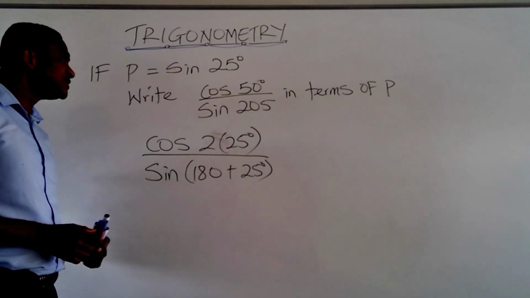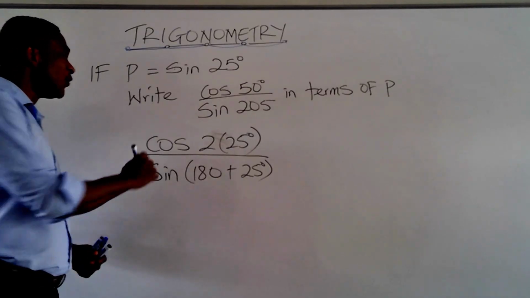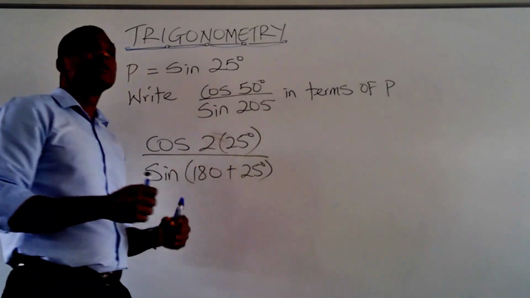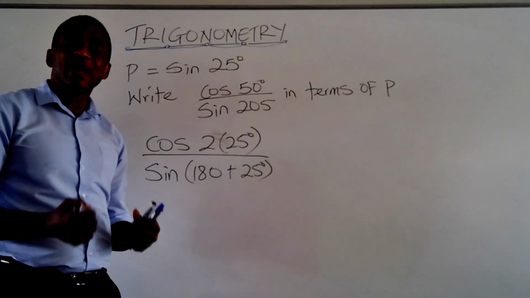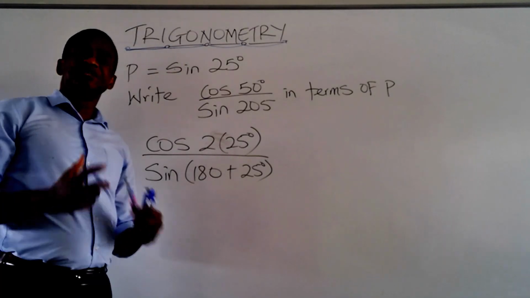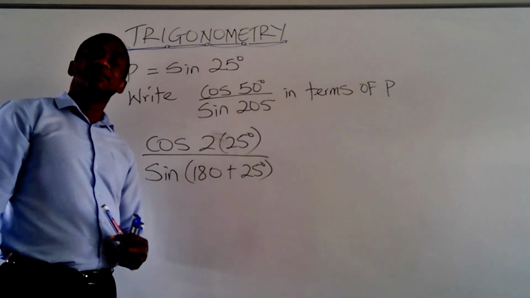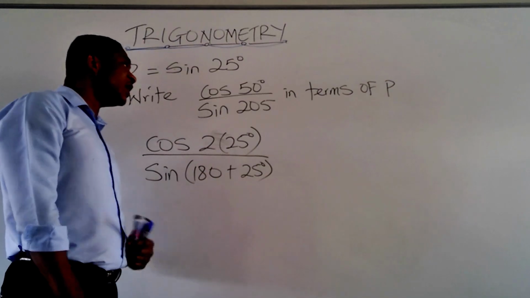Now what do we do? We go straight to plugging in the values that will represent that. Now cos 50 is a double angle identity. Since we are working with sine, we have to focus on the double angle identity that gives us the sine.